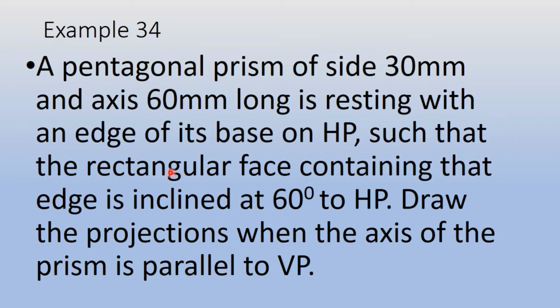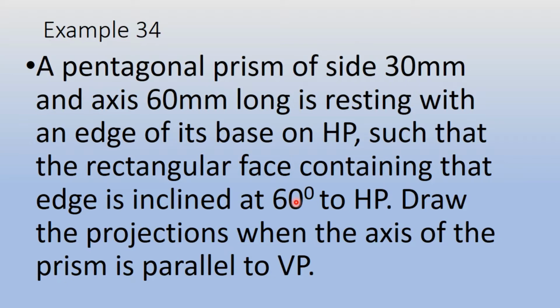And also it is mentioned that the angle of inclination of this rectangular face which is inclined to HP is 60 degree, and also the prism is parallel to VP. So simply it's a pentagonal prism with inclined face to HP at 60 degree.